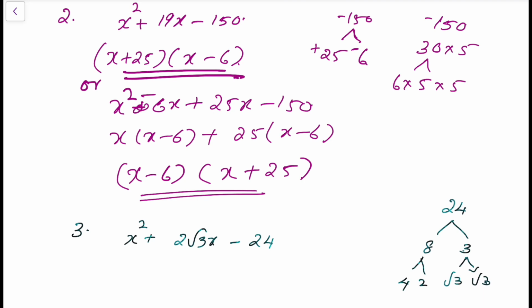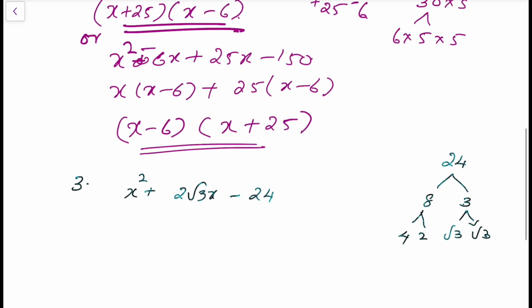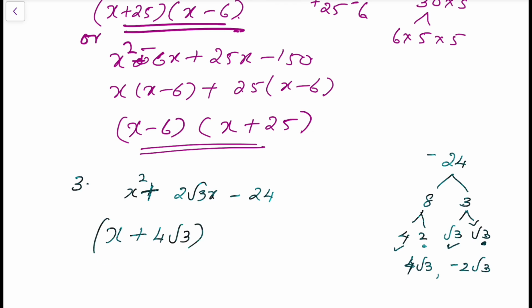Now you see how you can get 2 root 3. You can write this as 4 root 3 and minus 2 root 3. Now I have used 4 root 3, and this 2 and root 3 I have used. It is plus root 3 here, so this will be positive. So you can write this as x plus 4 root 3 into x minus 2 root 3.